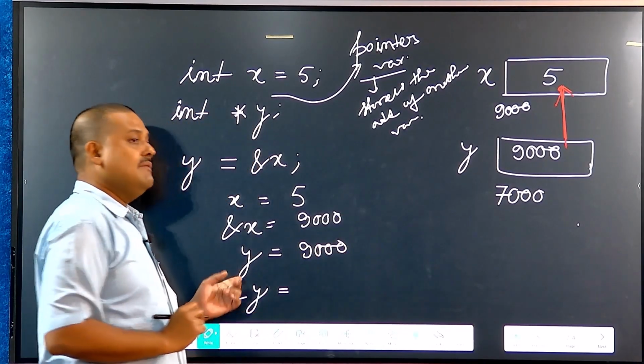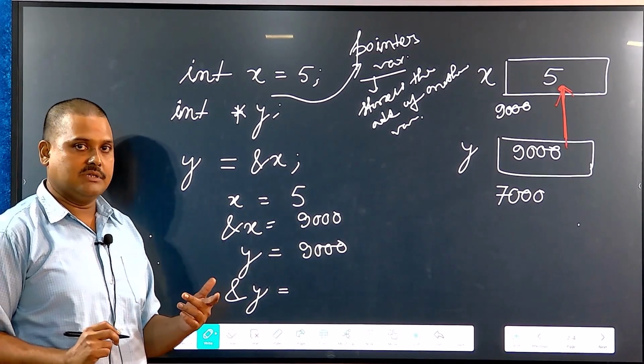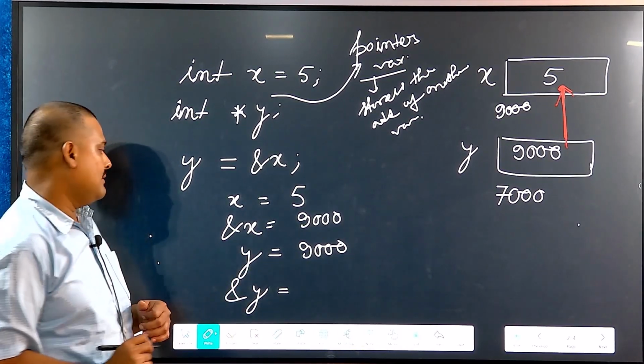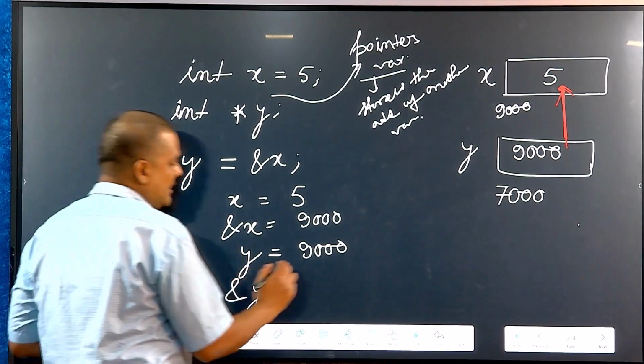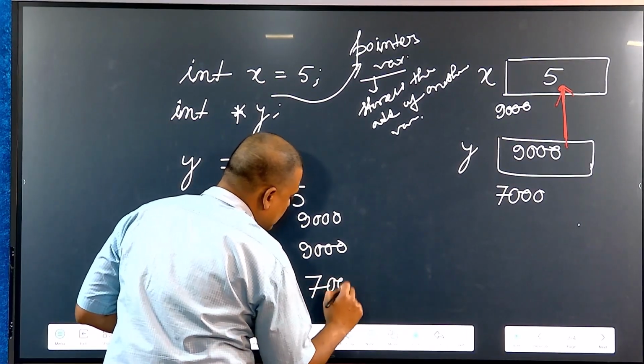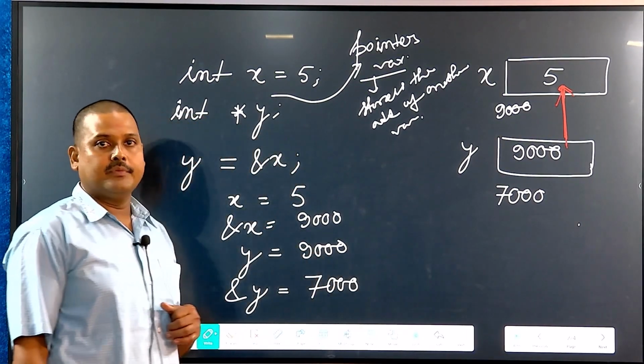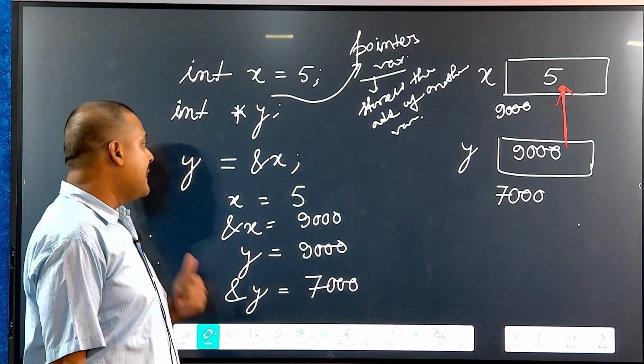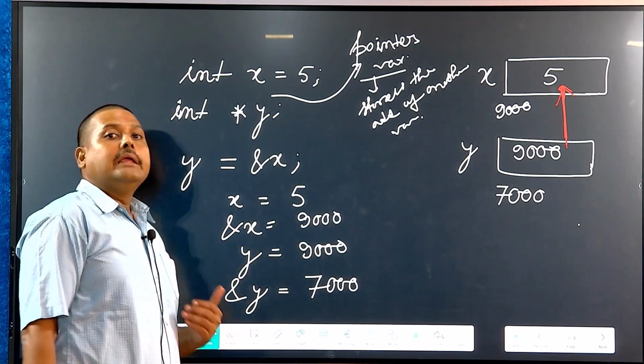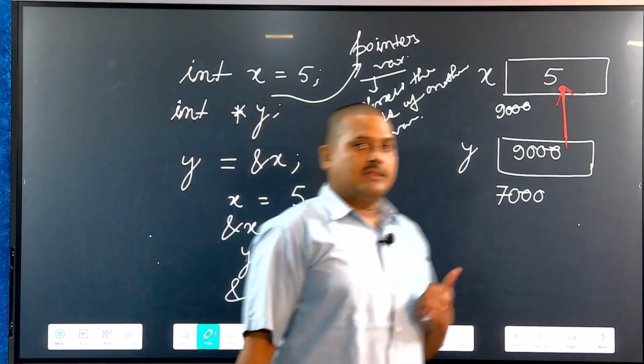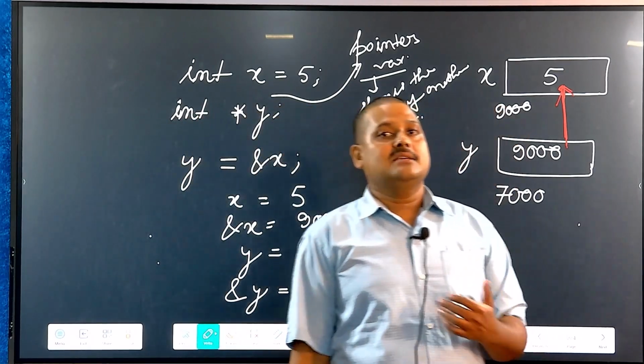So, the variable means the value at the location. The address of y is nothing but 7000. Got it?